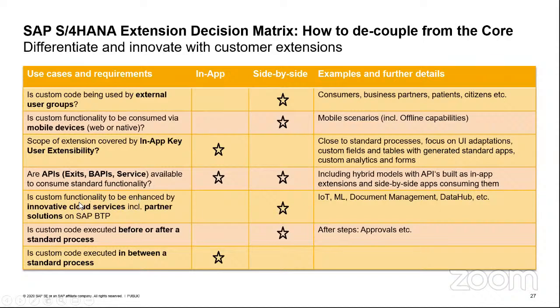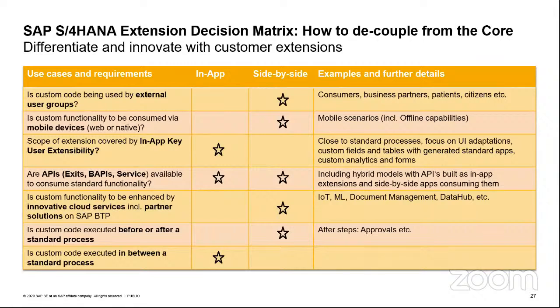But if your custom functionality needs to be enhanced by a partner solution, then again you will have to create it as a side-by-side application, so that you could use it anywhere outside SAP, maybe as an IoT application, and then send data to S4HANA. Or if your custom code is executed before or after a standard process, that also goes as a side-by-side application.